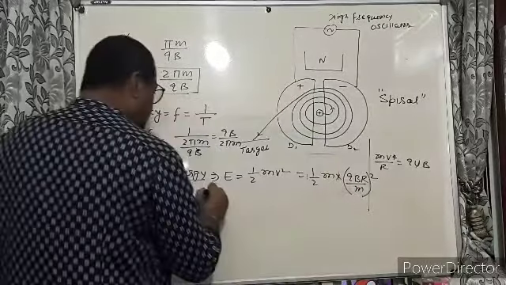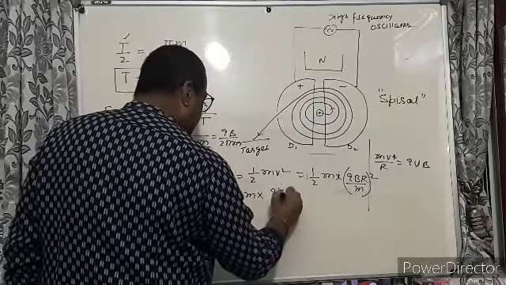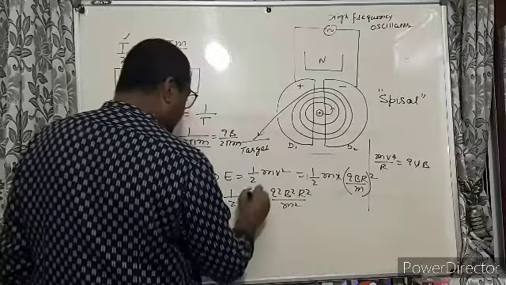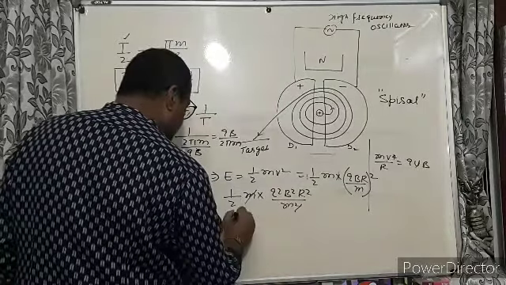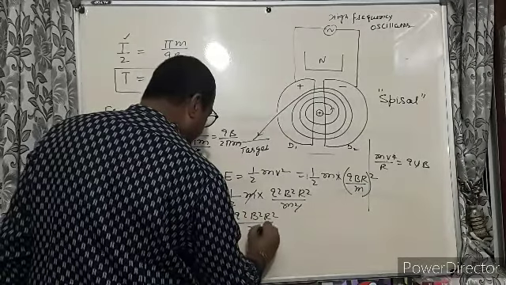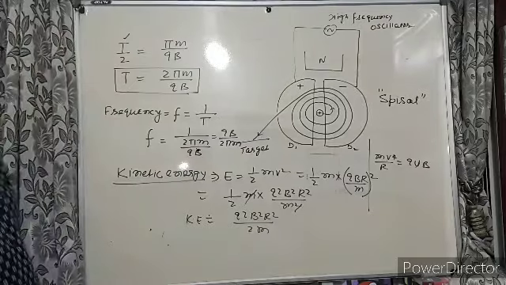Whole square, so this will be equal to half m q square B square r square by m square. m will be cancelled, so q square B square r square by 2m. This is the kinetic energy gained by the charged particle.